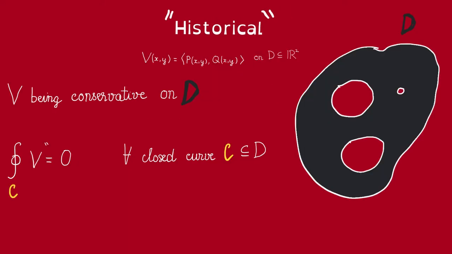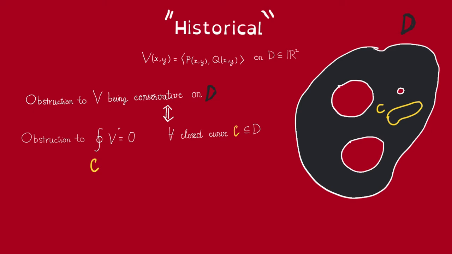So the rough idea is as follows. We'll show that V is conservative on a region D if and only if the integral of V along any closed curve C in D is 0. In particular, the obstructions to V being conservative on D are exactly the obstructions to the integral of V along these curves being 0.